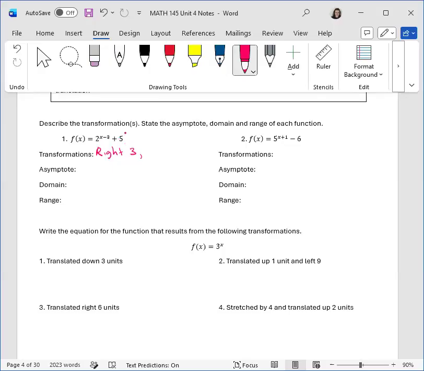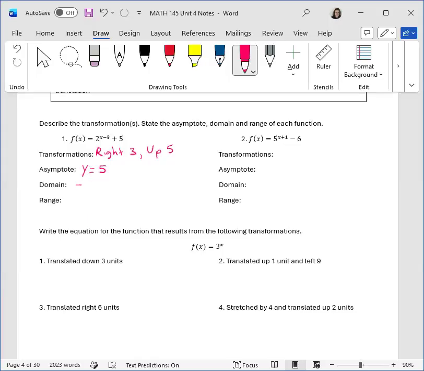The k value plus 5 shifts the graph up or down. So this one is shifting up 5. Since the graph is going up 5, the asymptote, which is originally located at y equals 0, is going to also shift up 5 units to y equals 5.